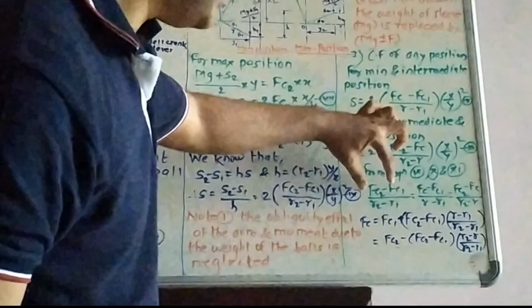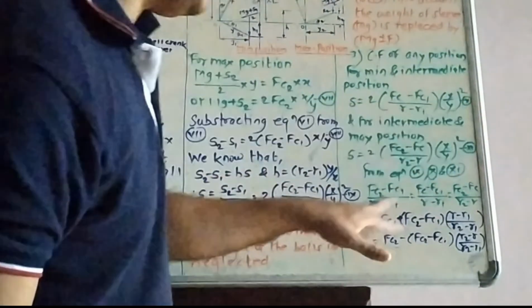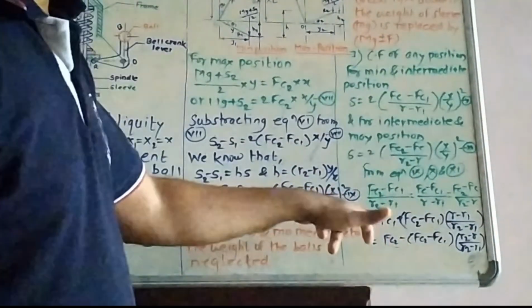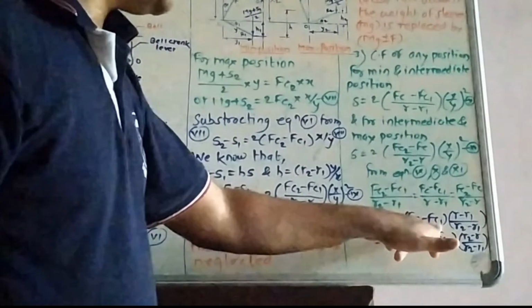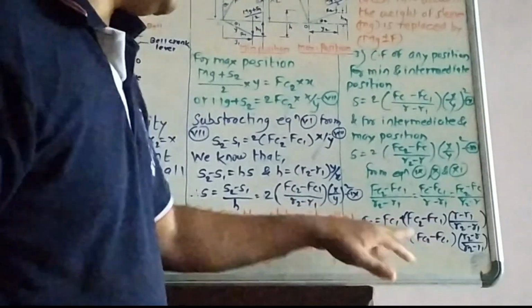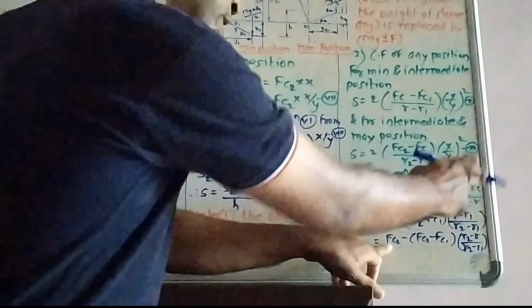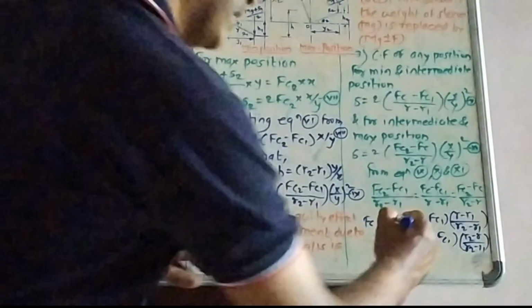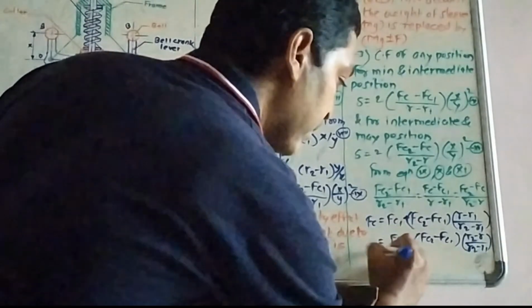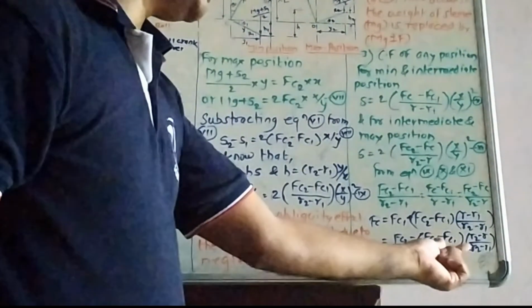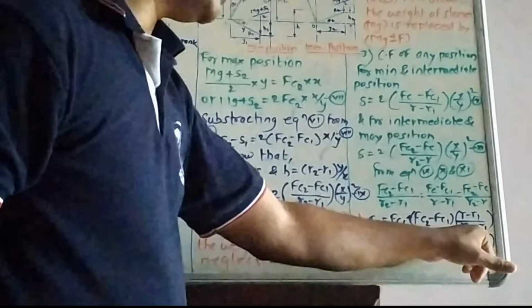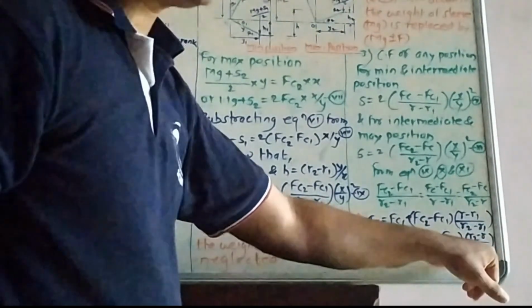So equating this term with this one and this term with this one, we can get this relation, that is Fc equals Fc1 plus (Fc2 minus Fc1) into this term, and by equating this term with this one, you can get Fc equals Fc2 minus (Fc2 minus Fc1) into this bracket, that is (R2 minus R) divided by (R2 minus R1).